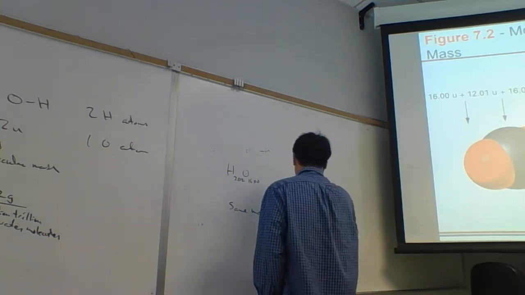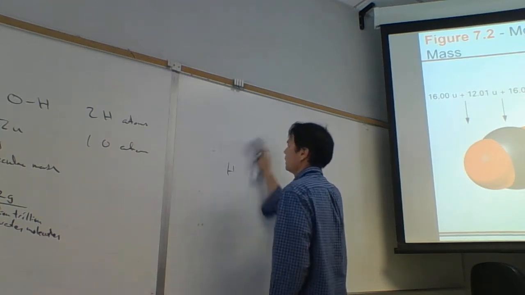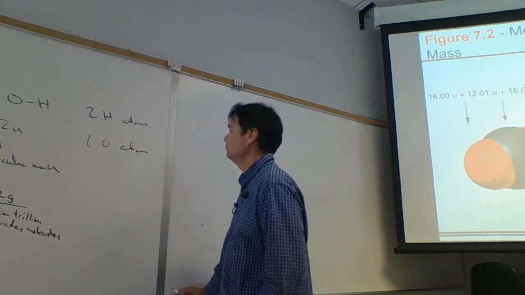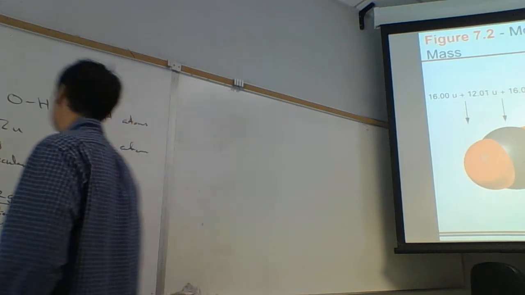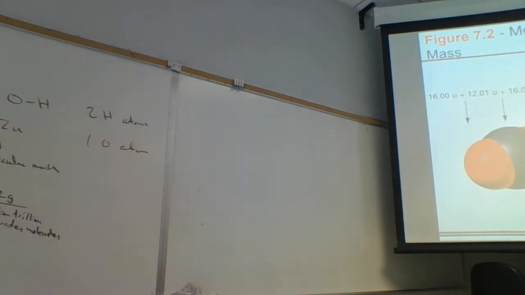All right, so let's go on to ammonium nitrate next. If we look at ammonium nitrate, how many different isotopes of nitrogen are there?